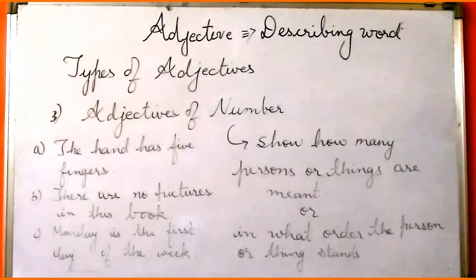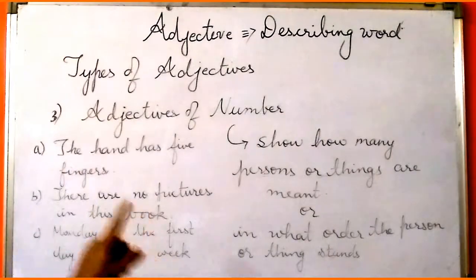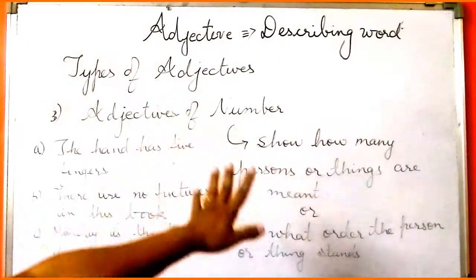They are called uncountable nouns. You cannot say 1, 2, 3 with them. So when those uncountable nouns are being described, you call them adjectives of quantity. But those nouns that can be counted on your fingers or using any mathematical digit, those adjectives would be called adjectives of number.